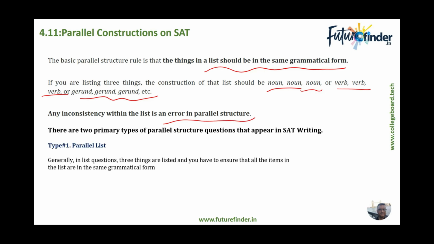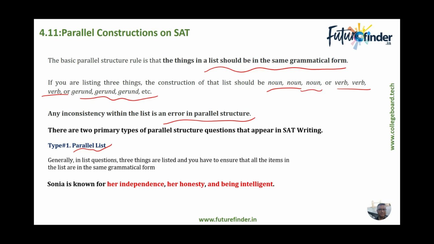Number 1, we might find inconsistencies within a parallel list. So it's the simplest way of parallelism. Whenever we have a coordinating conjunction of 1, 2 and 3, we must understand that all the 3 parts have to be grammatically parallel. So let's take an example.